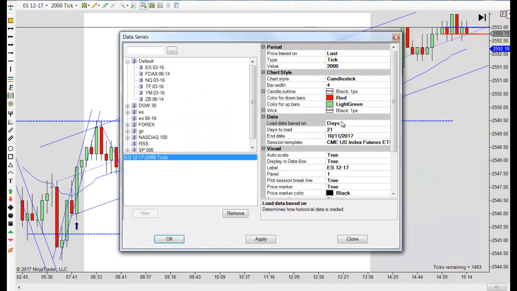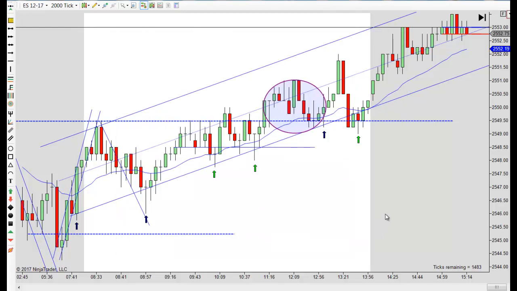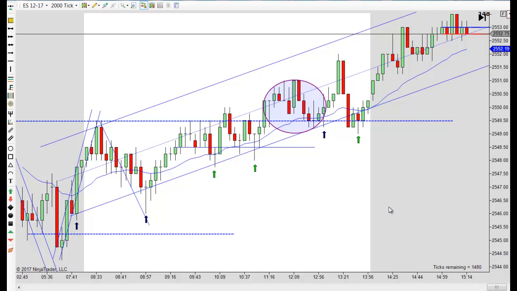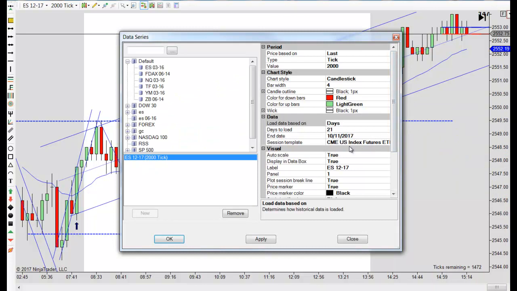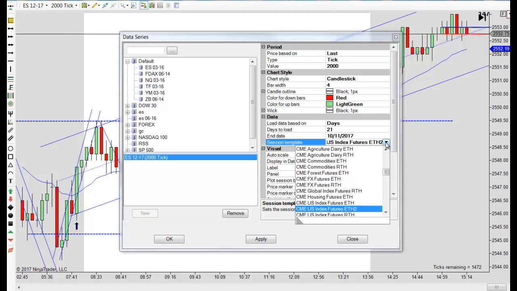I usually keep mine here on CME US Index Futures ETH2, and somebody asked me today if I'd changed it. Well, I hadn't purposely changed it, but when I went to look, it was actually sitting on the one above that, CME US Index Futures ETH.